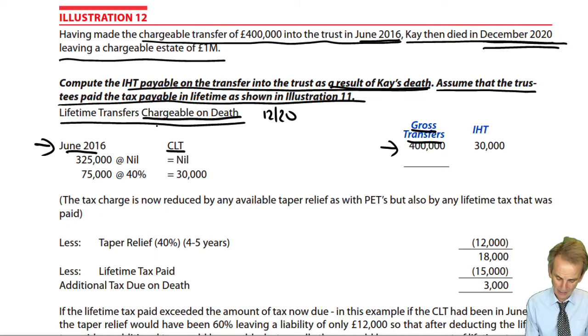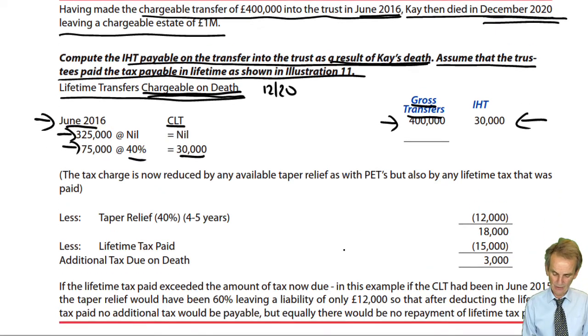On calculations of tax due on death, it's always the then available nil rate band that you use. That's 325,000, pushing 75,000 up into the 40% band, and that equals 30,000.